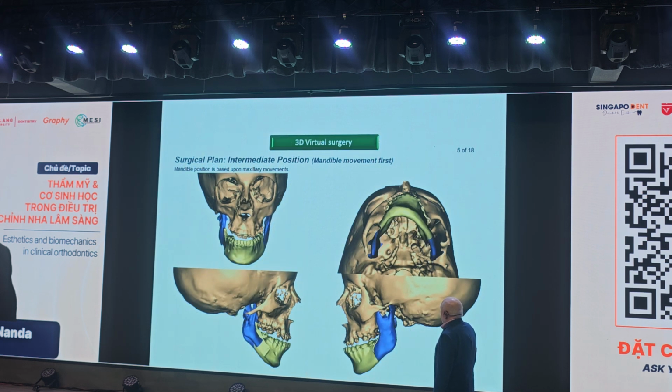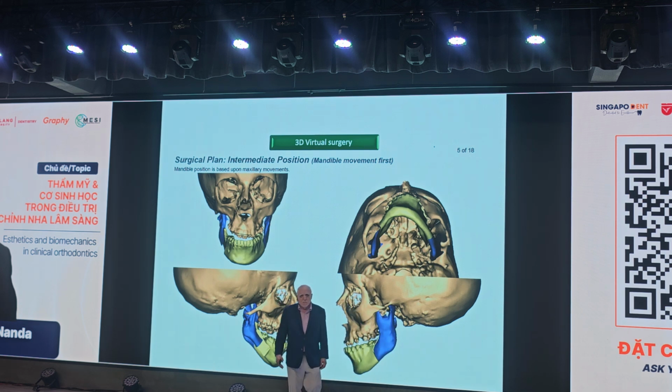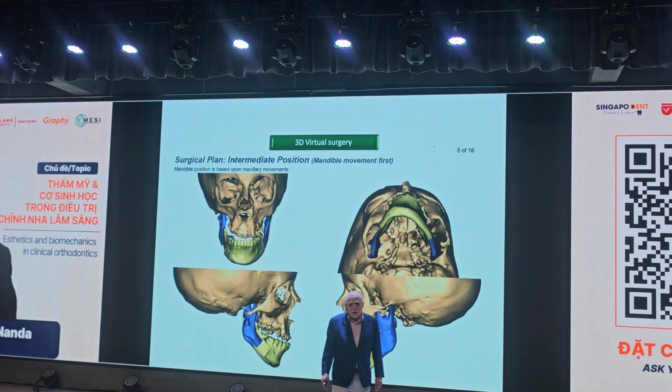And in the surgical plan, we are going to move the mandible first because that's where the major issue is, because the mandibular development on one side did not take place because the condyle is missing. So you are going to bring, you can see how far you are going to bring the mandible in this patient. Only on one side.